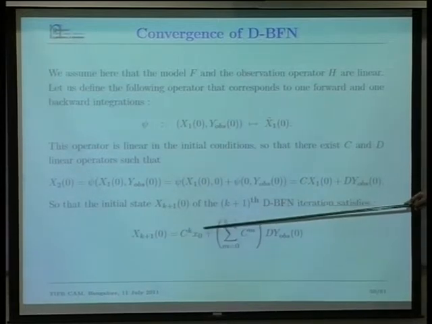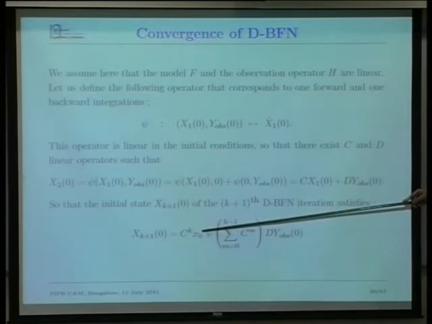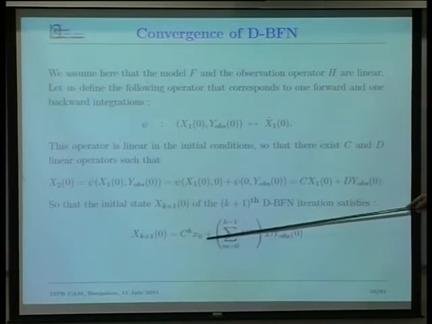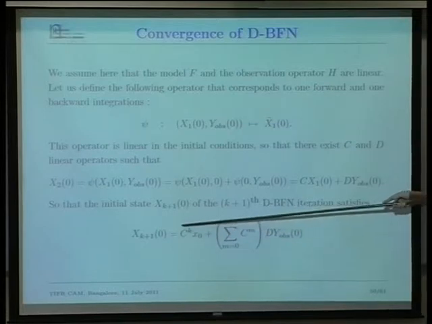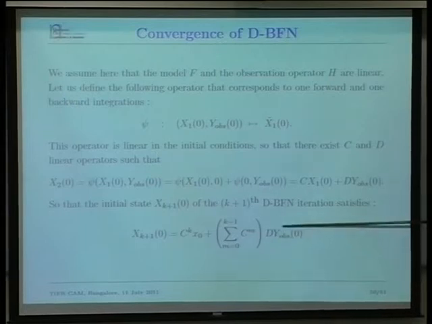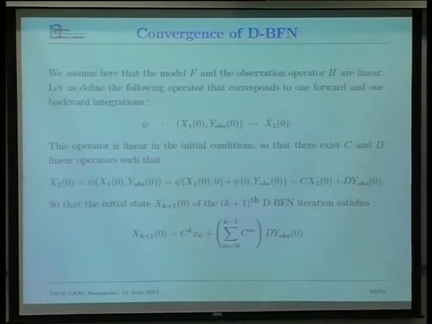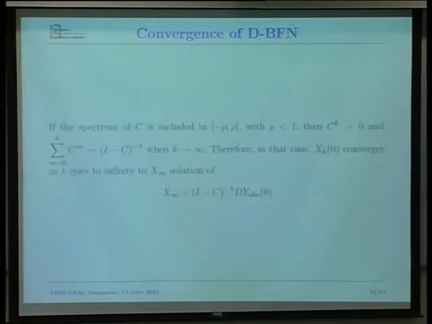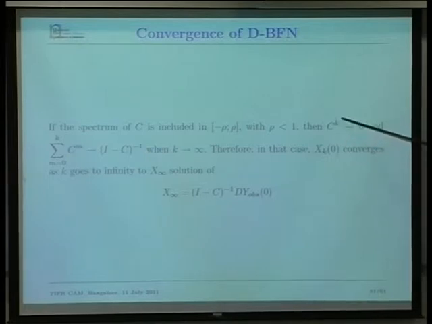So this is one iteration, so we can iterate and compute after k iterations. Namely, the initial condition, the background state used to initialize the algorithm, is multiplied k times by C, and then the observations multiplied by D, and then by this sum here. So the idea is that we should look at C to see if the spectrum of C is strictly included in (-1, 1), then C^k goes to 0 when k goes to infinity.